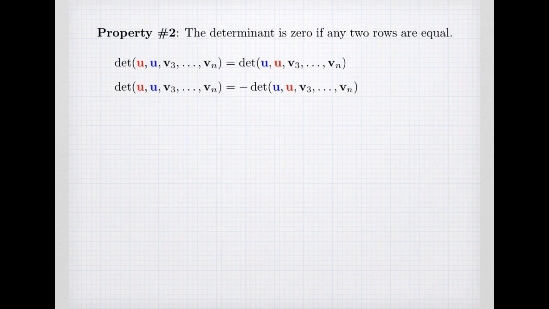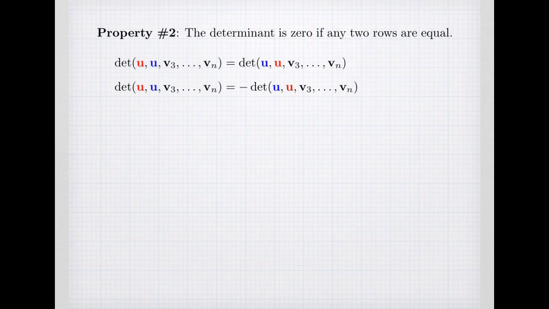And here's why. If I have two rows that are the same, let's put them at the top just to keep it simple. The first and second rows are the same. Well, if you switch the order, it's the same matrix, so it has the same determinant. But because you switched order, you also changed the sign.